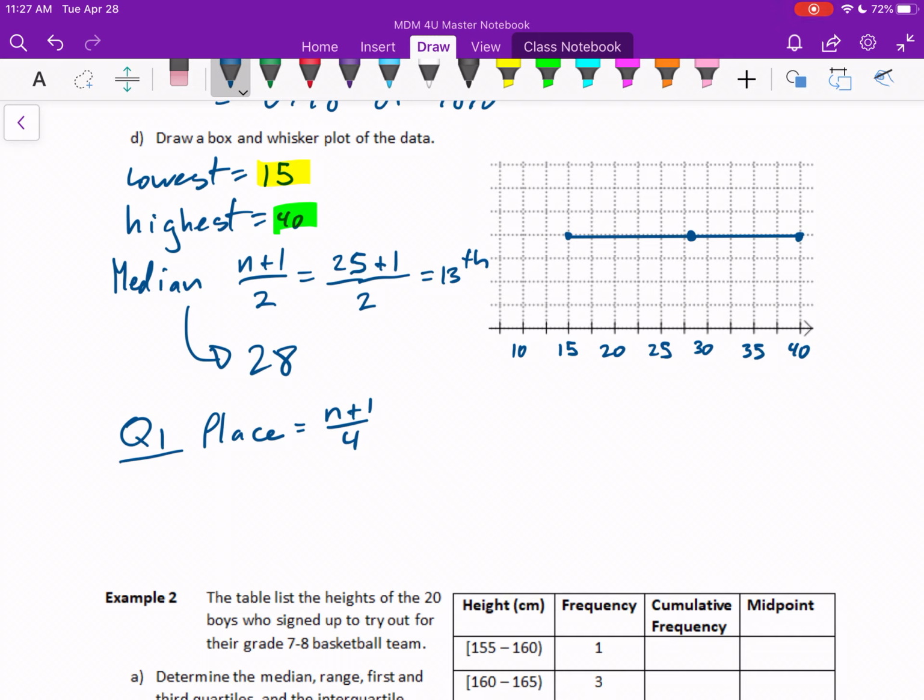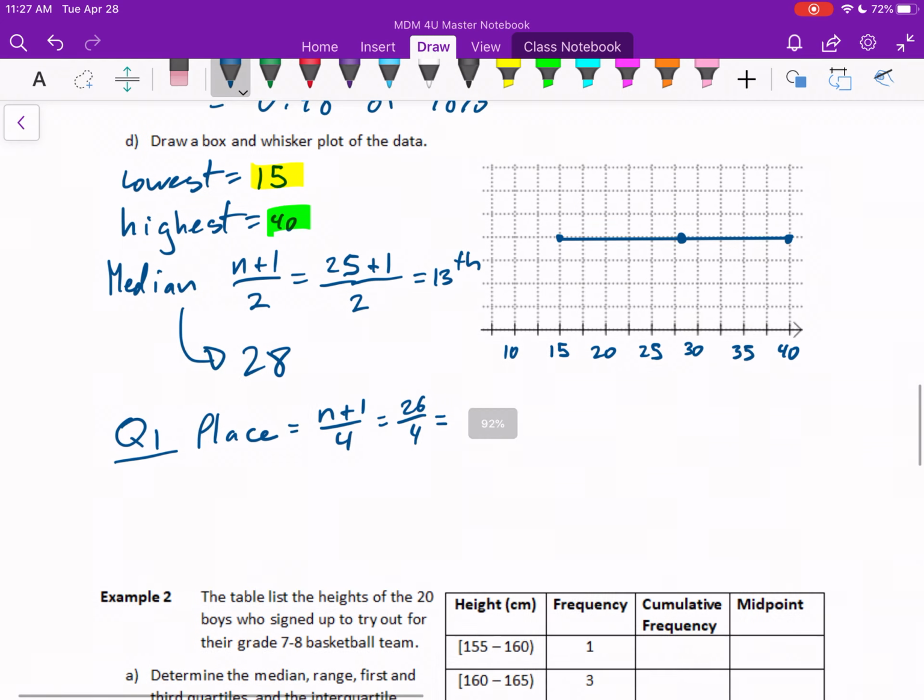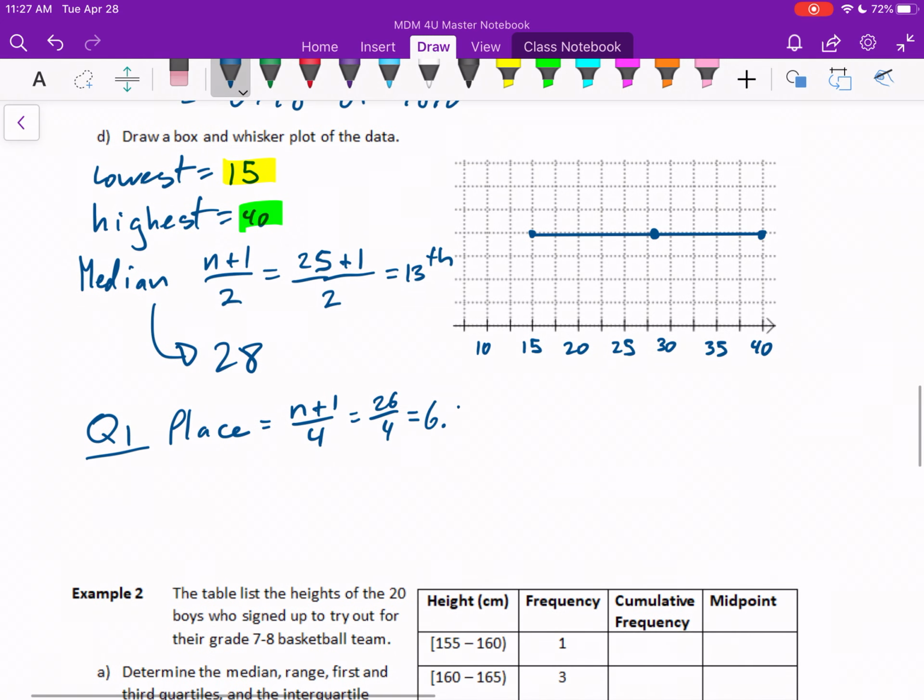Remember, n plus 1 was 26, so I would do 26 divided by 4, which equals 6.5. So in other words, I want it between the 6th and the 7th place.